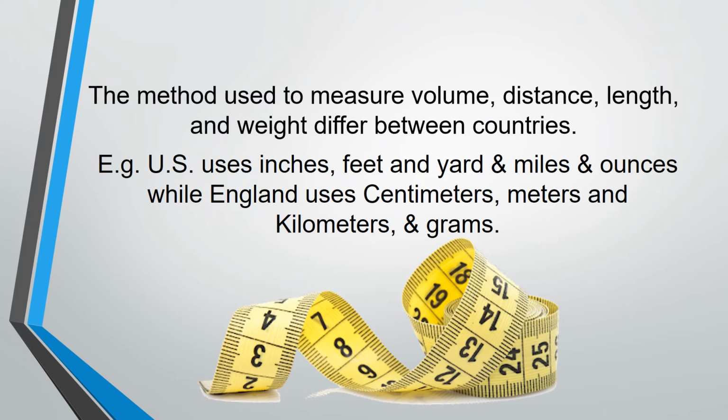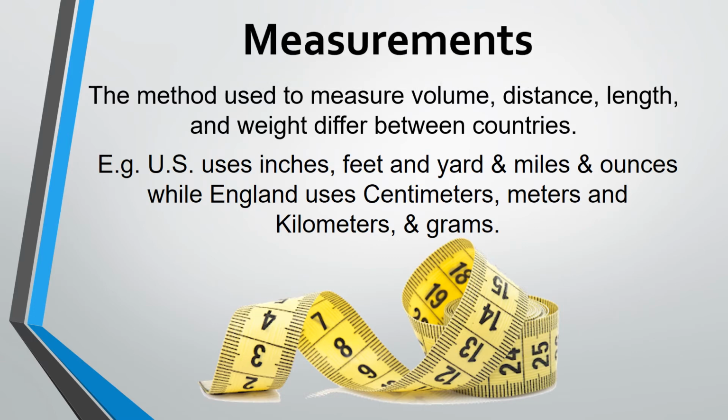Another challenge for international trade would be measurements. The method used to measure volume, distance, length, and weight differs between countries. For example, the US uses inches, feet, yards, miles, and ounces, while England uses centimeters, meters, kilometers, and grams.